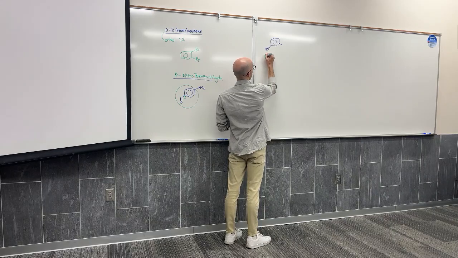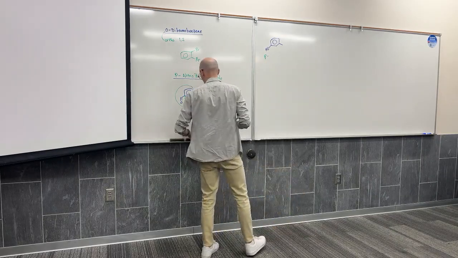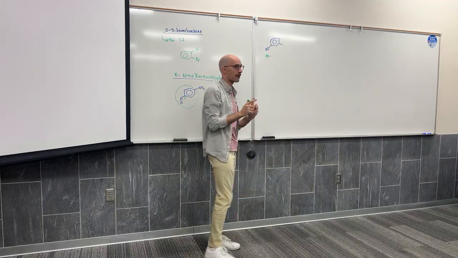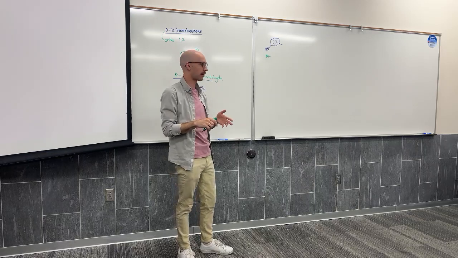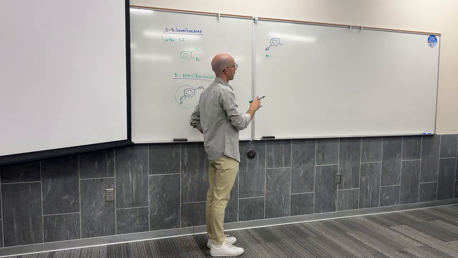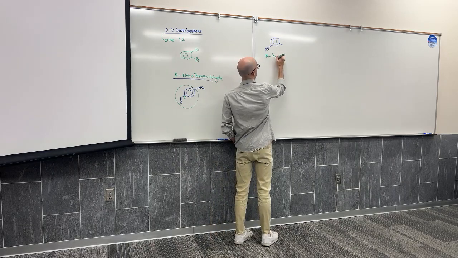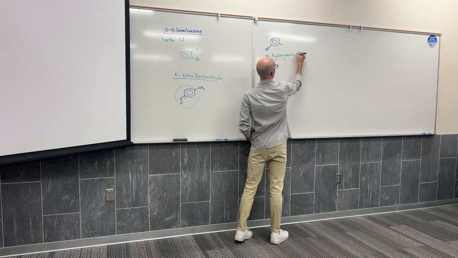The nice thing about using the descriptor, meta, is that now I don't need to say which one is position 1 and which one is position 3. I know by saying meta that they are positions 1 and 3. So then I can just name the groups and alphabetize them. So this becomes meta-hydroxymethylbenzene.